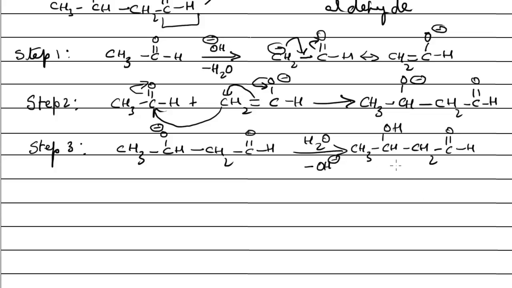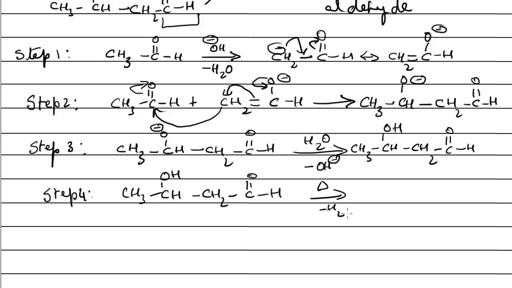Now this is the aldol. So this is the aldol reaction up to this point. Now when you heat this, in step 4 you heat the aldol product, and on heating it loses water, even though generally when we want to dehydrate an alcohol we add an acid to protonate this and then remove water.